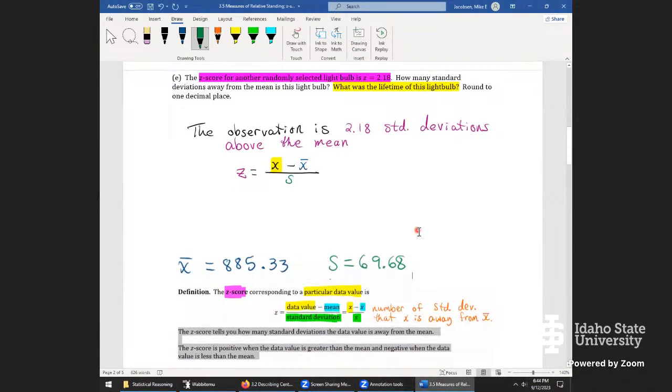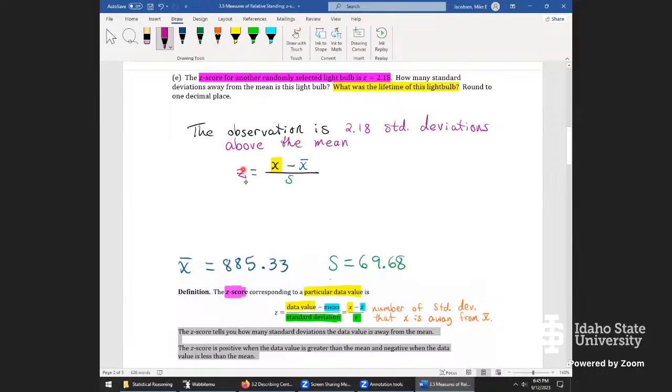Okay, so I think we have everything all set. Now to solve for x, just remind yourself that they told us what z was. So that's one of the four things down. We know what x bar is, so that's two of the four down, and we know s. So if I have an equation with four variables, but three knowns, we can solve for the unknown x, the missing data value. All we're going to do, now it feels like really being in a math class, is do a bunch of substitutions.